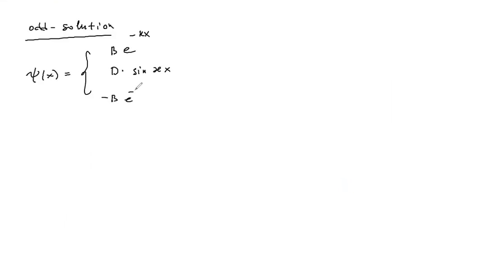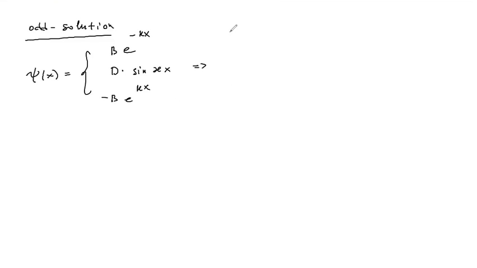Now, if you let me, I can go a little bit faster. My wave function would be b exponent minus kx, then d coefficient sine kappa x, and then minus b exponent, it should be plus, yeah, plus kx.